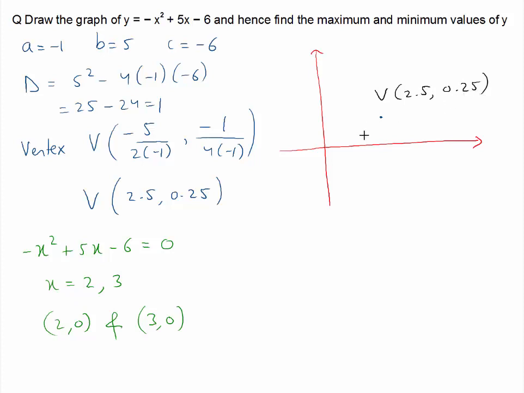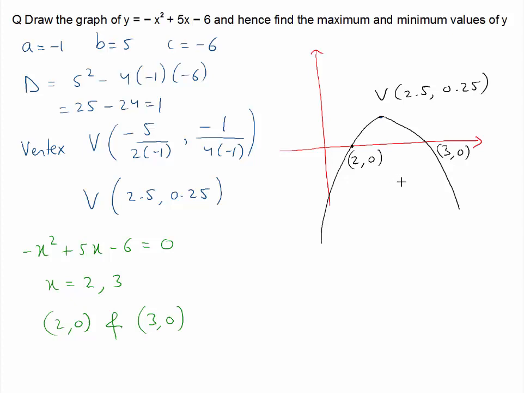Now it cuts the x-axis at 2, 0 and 3, 0, meaning the parabola will be downward and it would be something like this. So this is how the graph would look.